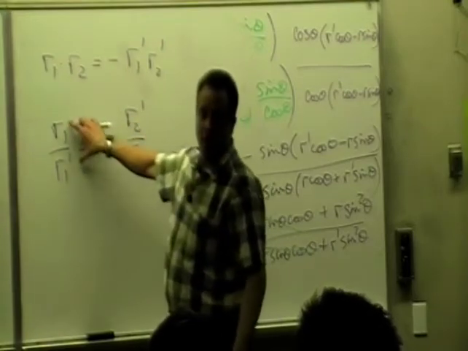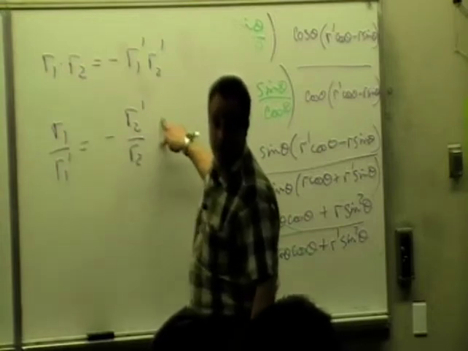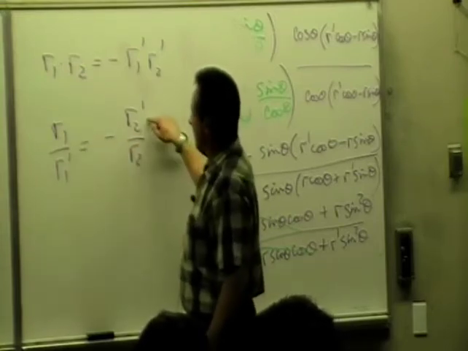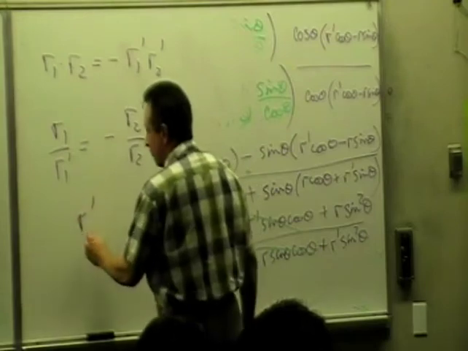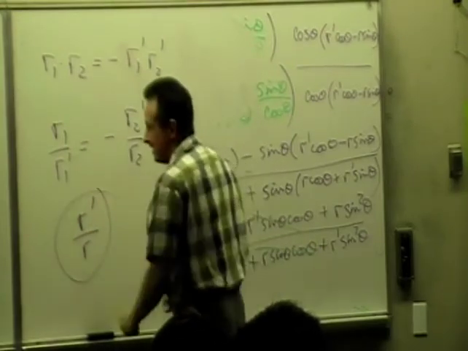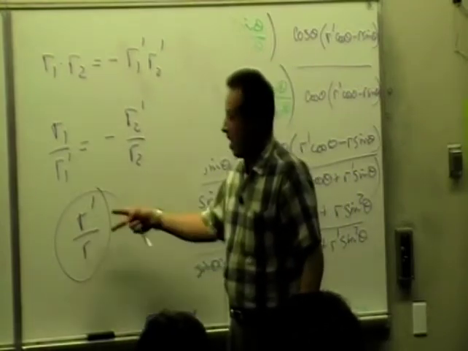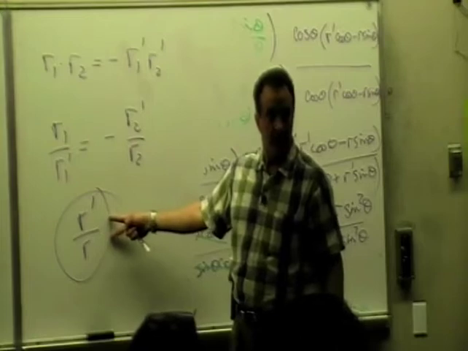This ratio of r over r prime, it doesn't matter which way, between two orthogonal polar curves are negative reciprocals of each other.